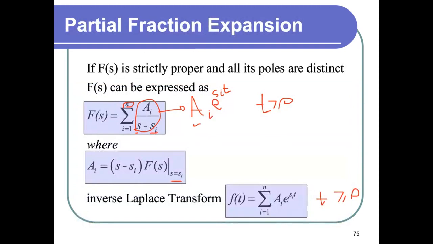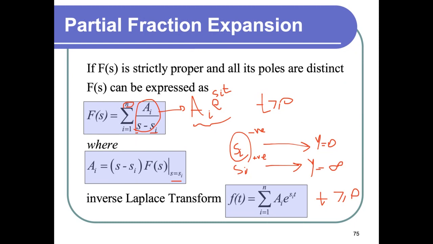That's pretty much it. Actually, there is something to notice here. If s_i is negative, then this function will vanish and y, the output of the system, will go to 0. If s_i is positive, then this system will blow up and y, the output of the system, will go to infinity.